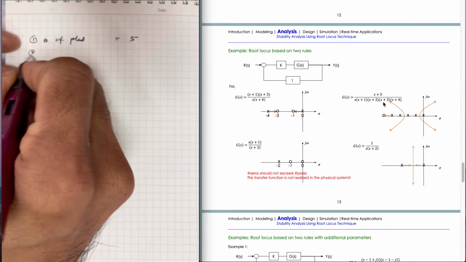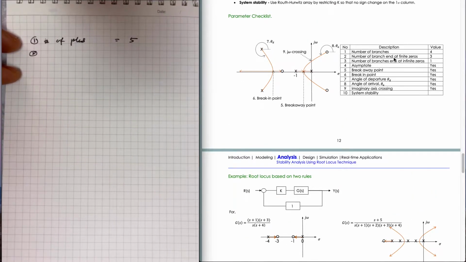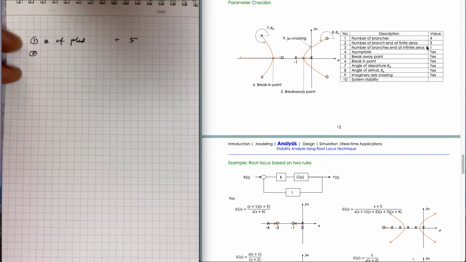One. So the zeros determine the number of branches ending at finite zeros and the number of branches ending at infinity. If we have 5 poles and 1 zero, that means the number of branches ending at a finite zero is 1.